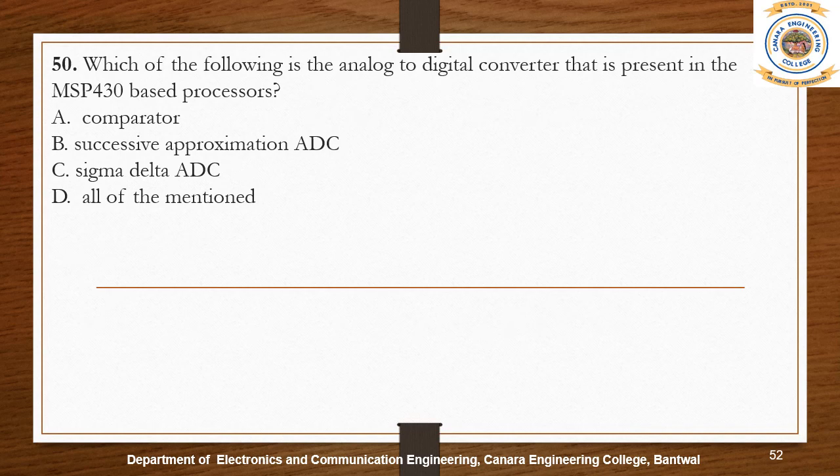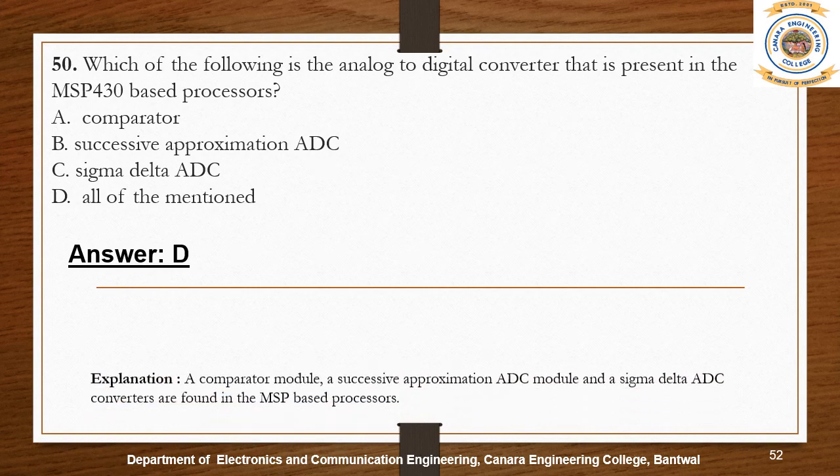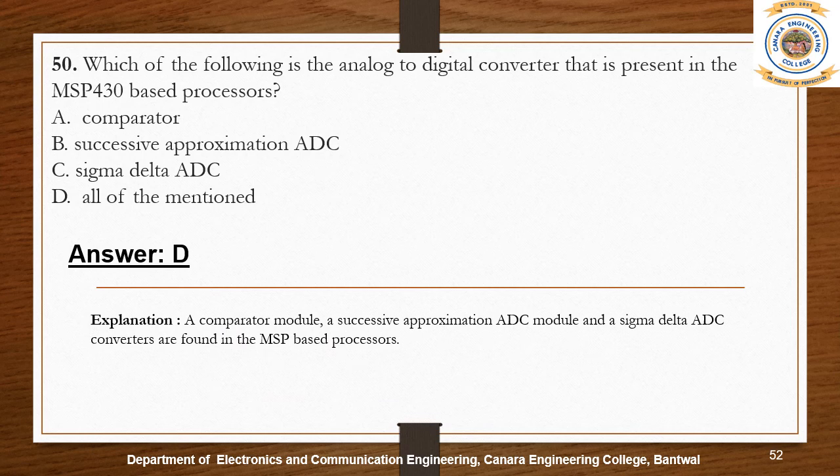In case of MSP430 based processors, we have three different types of ADCs: a comparator, a successive approximation ADC, as well as sigma delta ADCs. Based on the resolution and the speed requirement of the application, we can choose any of these devices.